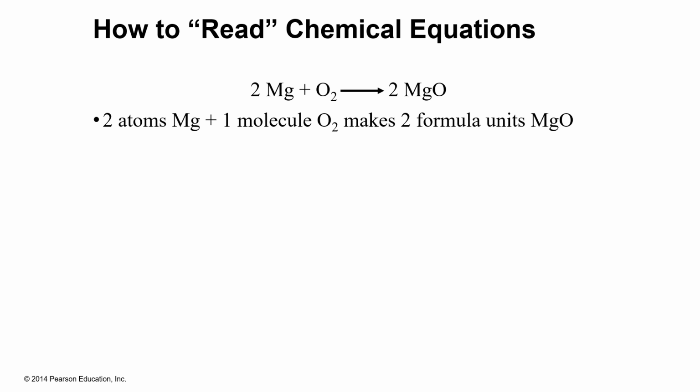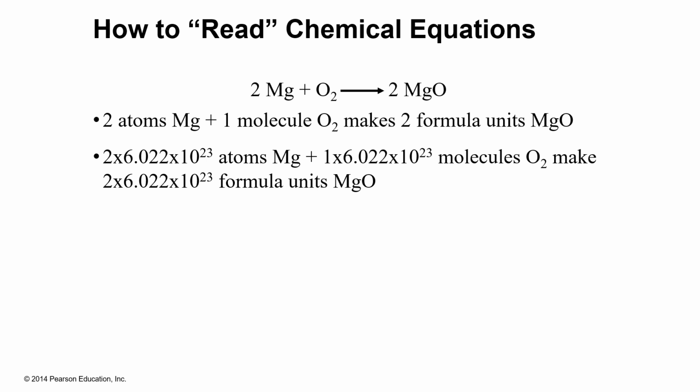Now you remember that if you have an equation, x equals y, if you multiply both sides by the same number, you get another equation. It's still an equality. So let's say we multiply all of these times Avogadro's number. So 2 times Avogadro's number of atoms of magnesium plus 1 times Avogadro's number of molecules of O2 make 2 times Avogadro's number of formula units of magnesium oxide.